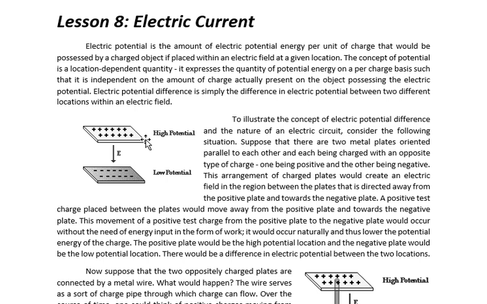For example, this plate is composed of positive charges, and this plate is composed of negative charges. If you place them near each other at a certain distance, there will be an electric field here.